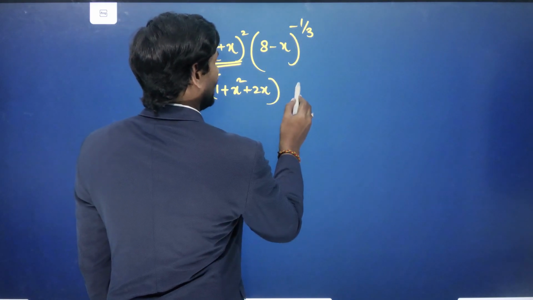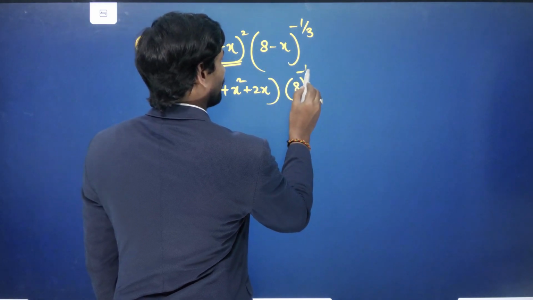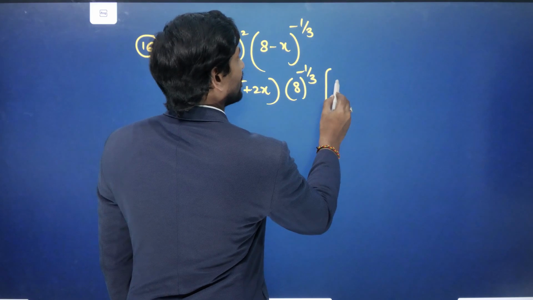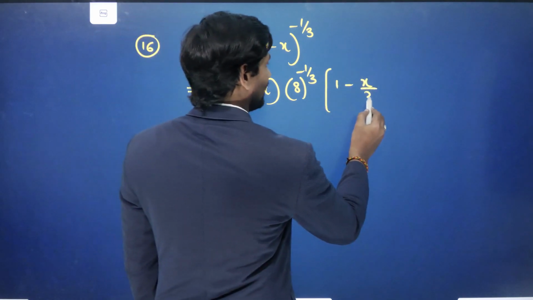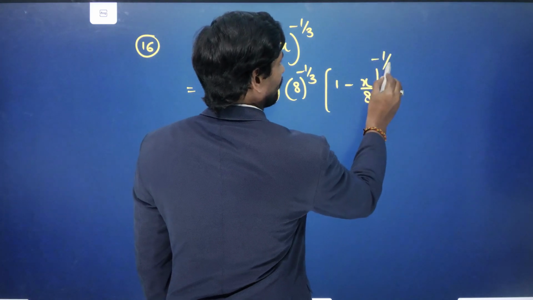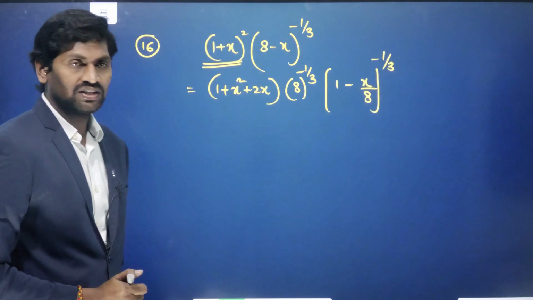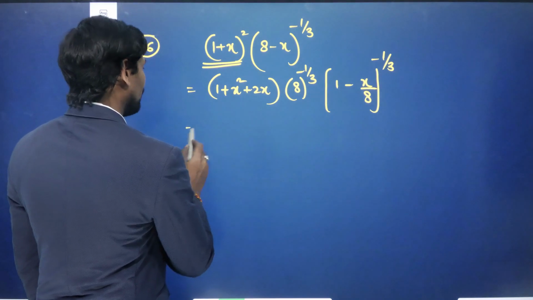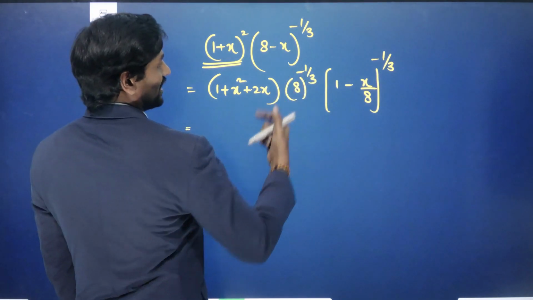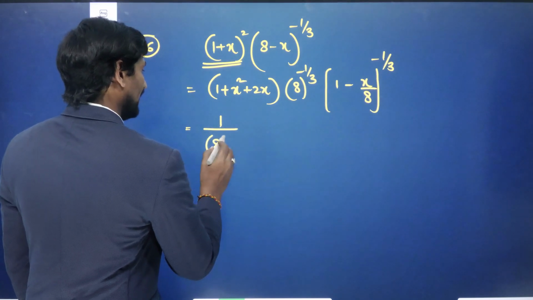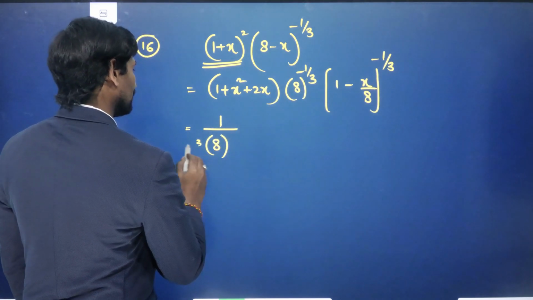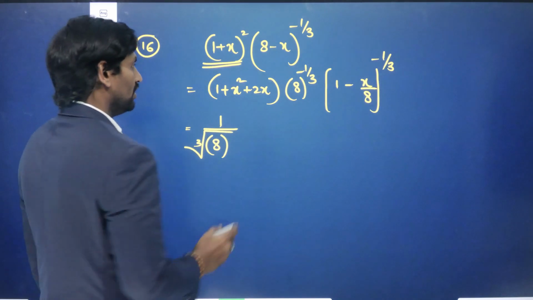Now in this one, I am going to take 8 power minus 1 by 3 as a common term, then it will be (1 minus x by 8) whole to the power of minus 1 by 3. Whenever the exponent is negative, we can write it in the denominator: 1 by 8 power 1 by 3, which is nothing but the cube root of 8.